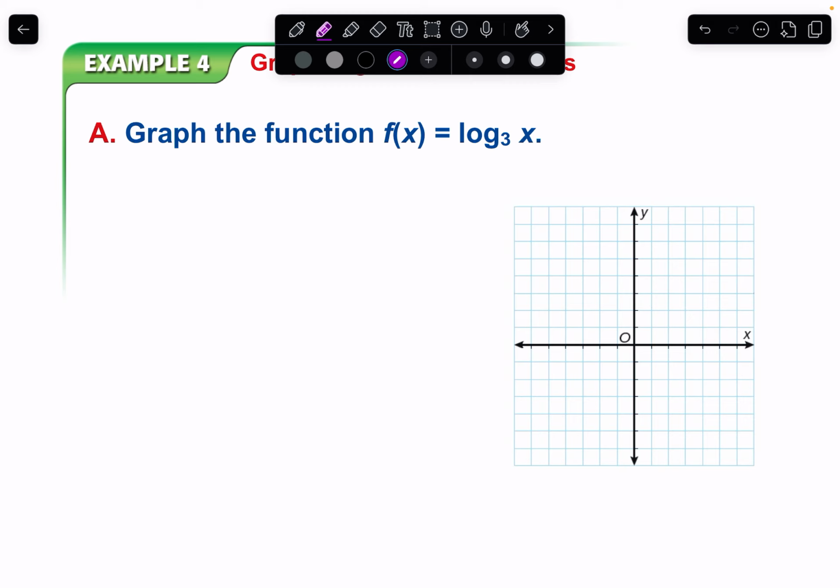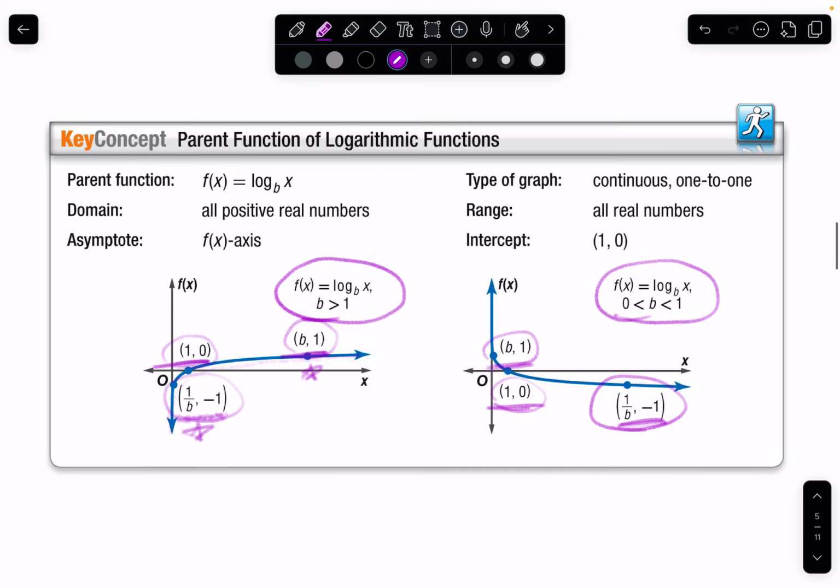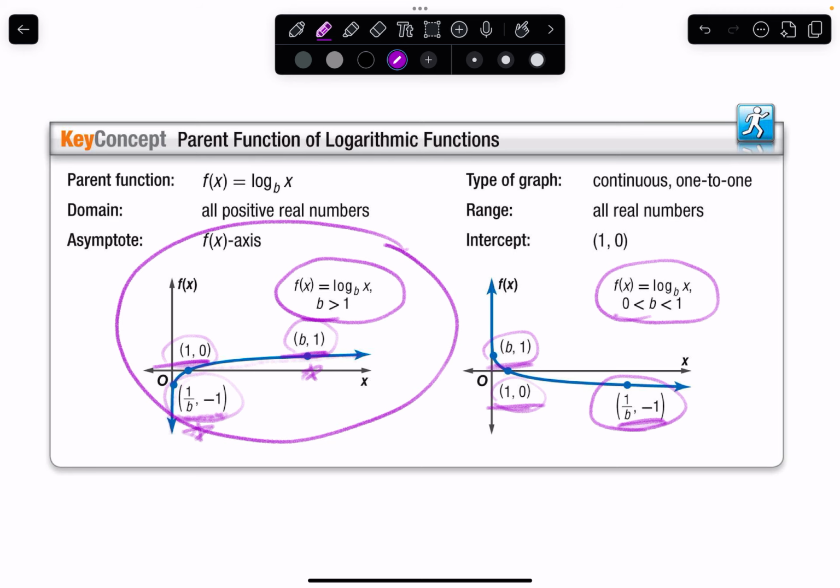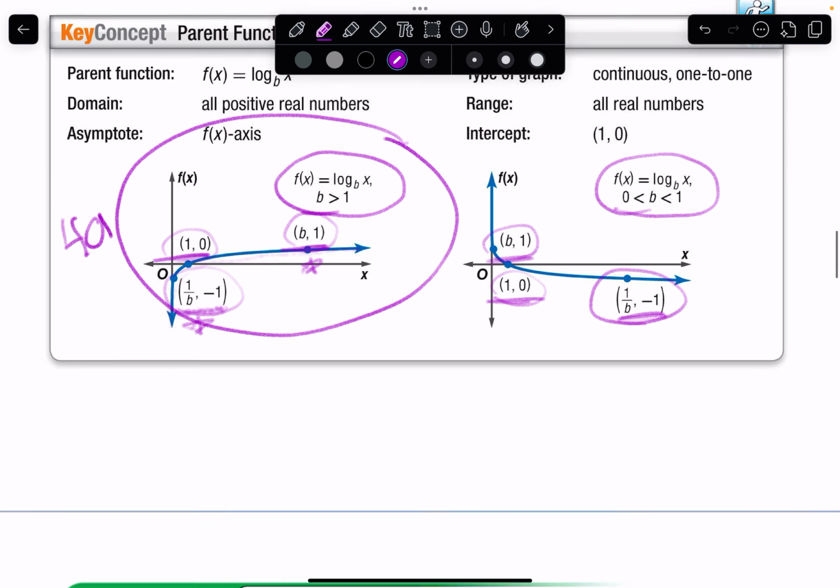So for this first one, this says to graph the function f of x equals log base 3 of x. So 3 is the number that I'm using. That's my b value. So 3 is greater than 1. Why that's important is that it tells me this is the type of graph that I'm using for 4a.